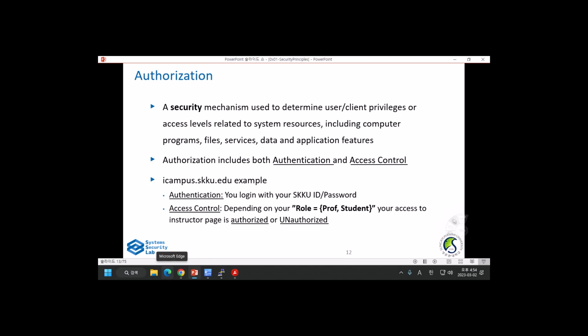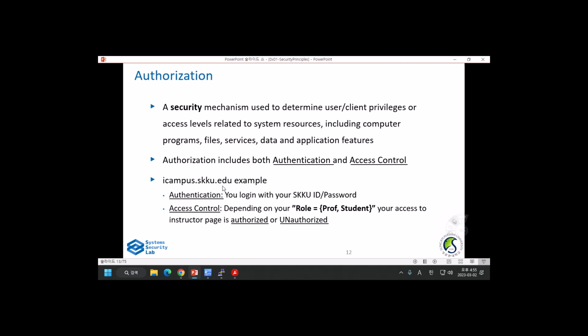For example, I can make changes to all your grades and everything, whereas our TA can also change the grade. But the TA cannot cancel the course. So there are 3 levels of privileges: the instructor, TA, and the students. This is often called role-based access control, as you're going to learn.